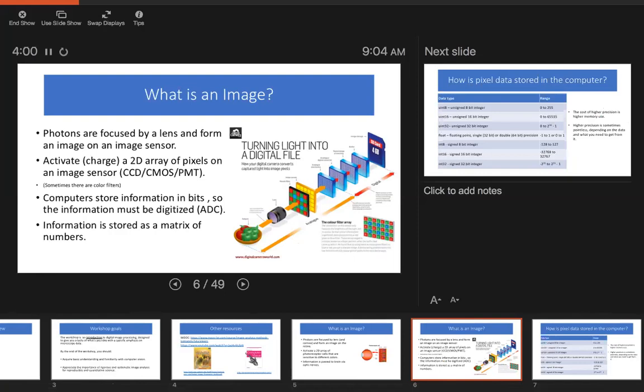Of course, computers store information in bits, so everything needs to be digitized. This is why there is this word digital in the course definition. So this is what digital means. It means everything is converted into integers, effectively. And then this information is stored as a big matrix of numbers. So from the point of view of the computer, an image is just a large matrix of numbers, right?